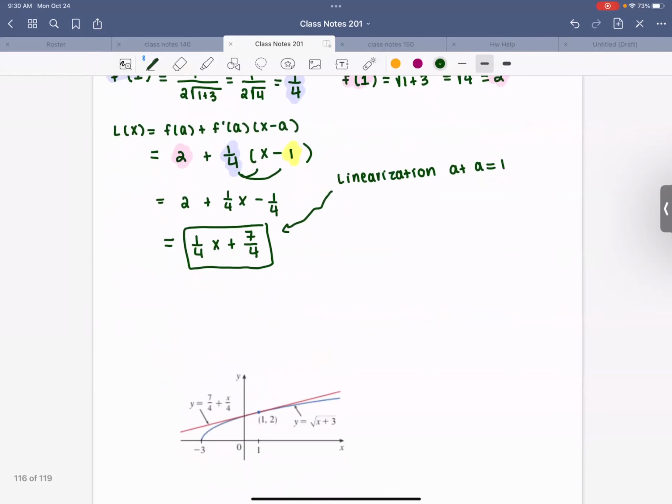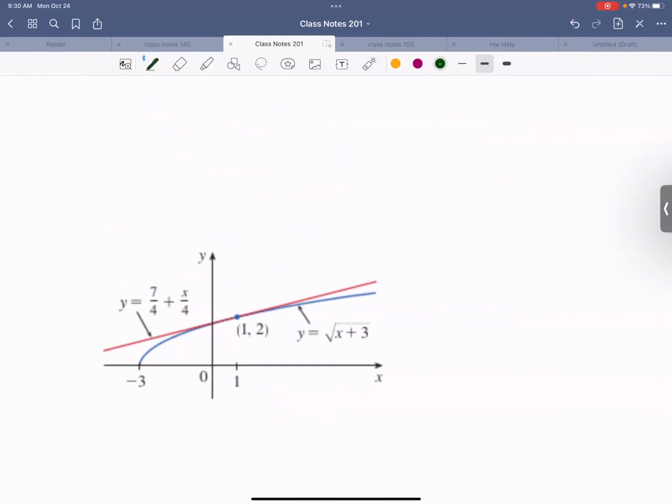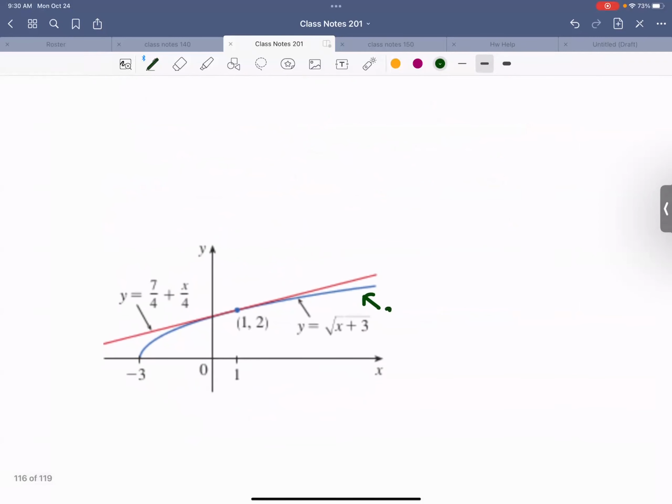All right, going down to my graph, I know that the original function is here in blue. So this is my original function. The straight line is my tangent line, right? So this is the tangent line, which we also called the linearization.